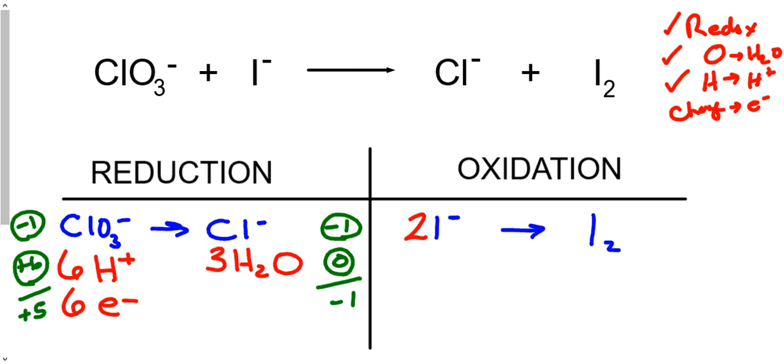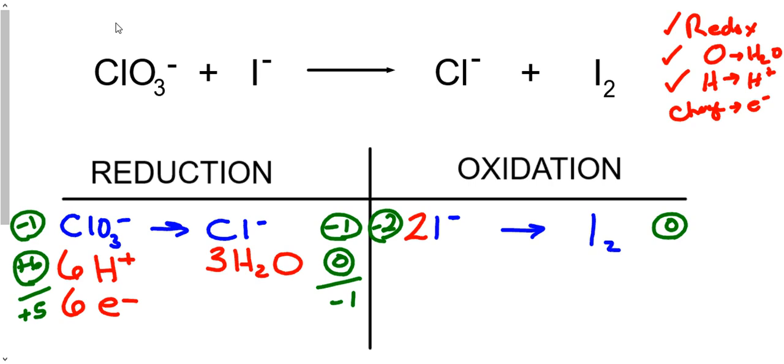Let's take a look at what's going on in the oxidation half reaction. Again, I'm going to do the charges in green. I don't want to mix these up with the reaction itself. I just want to show you my thinking. There's 2 minus 1, so there's a total of 2 minuses here, and an I2 has no charge on it, so there's a total of 0 charge there. In this case, the 0 is much higher in charge than the -2, and I need to make them equal.